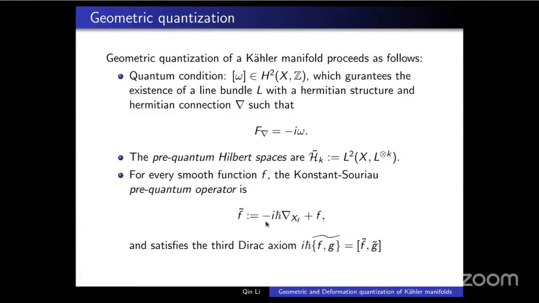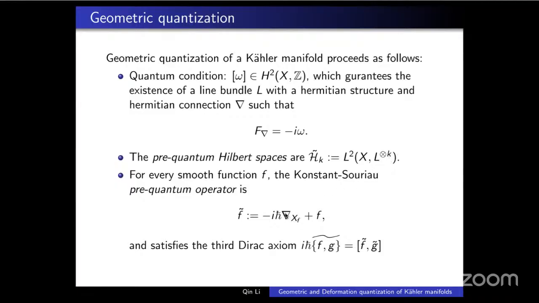That consists of two parts. The first one is f, which is the multiplication. The second one involves the formal variable h bar, where you take the evaluation that h bar is the inverse of the tensor power k. Sometimes we call this the quantum level.